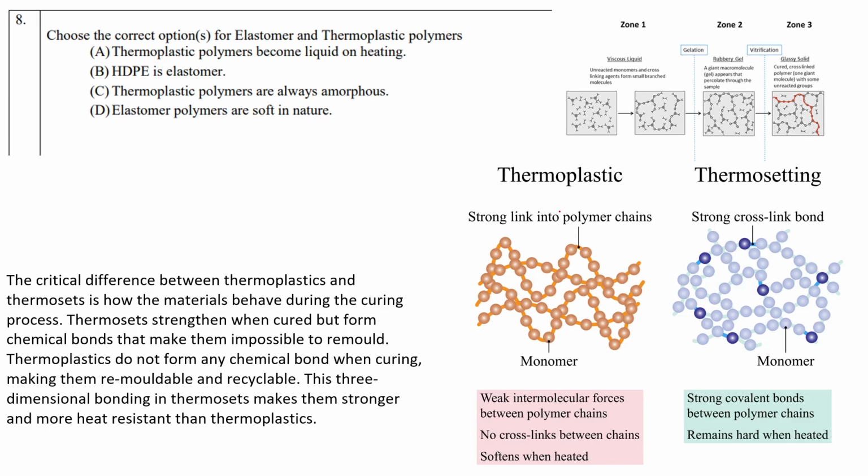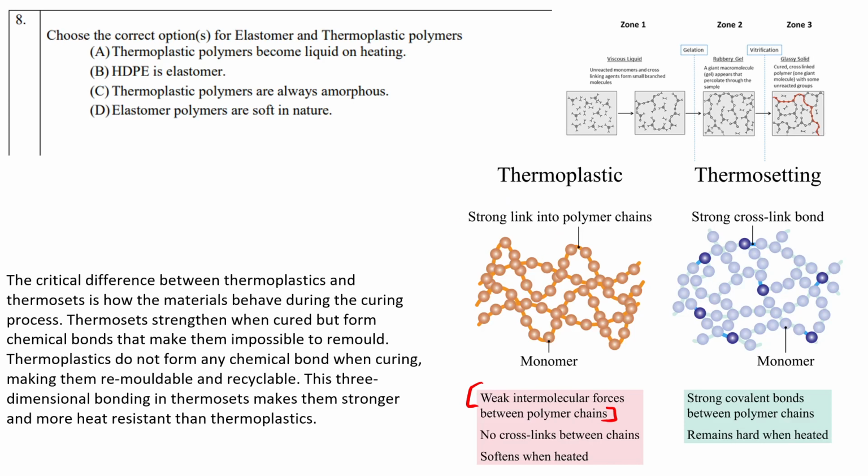So here you can see they are microstructurally different. These are the polymeric chains present like this, and only weak intermolecular forces like van der Waals forces or entanglements are present for thermoplastics.